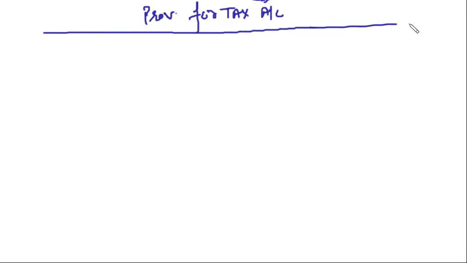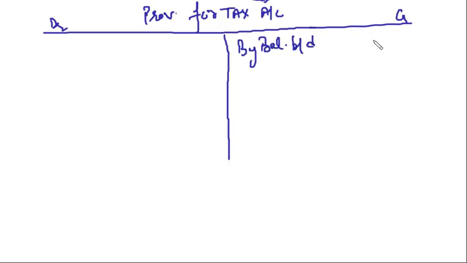Now this provision for tax account will start with a credit balance because it is a liability, by balance brought down, and we will be given the balance carried down. That is, balance brought down is the 500 rupees in the morning, and the closing balance is the 400 at the end of the day.